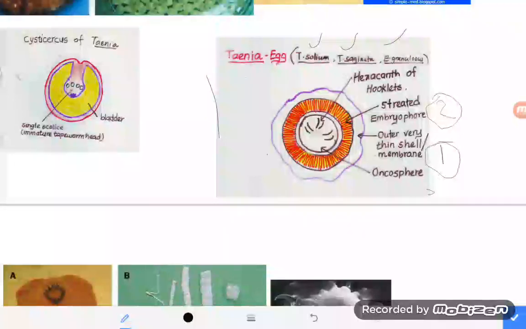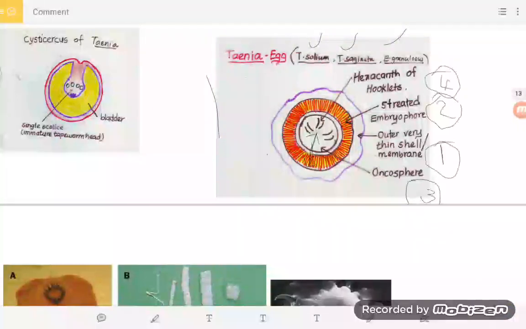The third is the oncosphere, inside which we can see 3 pairs of hooklets. Up to these two we call the embryophore. Remember this: the oncosphere plus the striated inner part we call the embryophore.